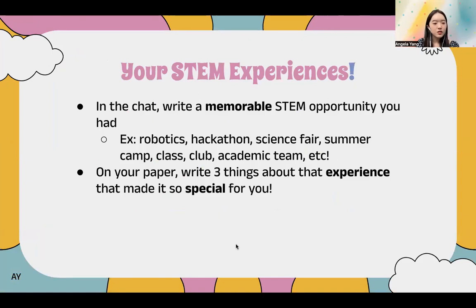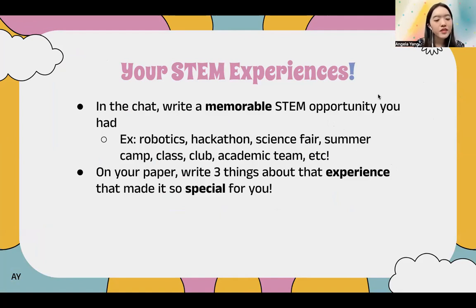First, I want you guys to write in the chat a memorable STEM opportunity you had. That could be doing robotics, which is what I've done, participating in a hackathon, doing a science fair, whatever STEM experiences you've had that have initiated an interest for you. Even if you're not a very heavy STEM person, I'm sure there's one STEM subject you might like, so you could talk about an experience in class.